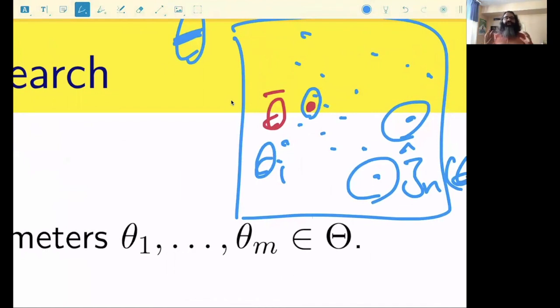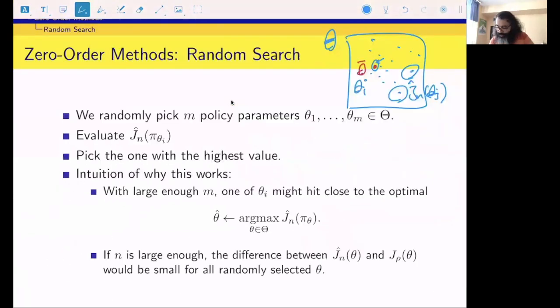So gradually I fill the space of all parameters, and the closest point to that optimal theta bar becomes very close to it. So the performance at this point is going to be close to the performance of theta bar. And that's why if I keep choosing many m's, I would get gradually better performance, or a better policy.